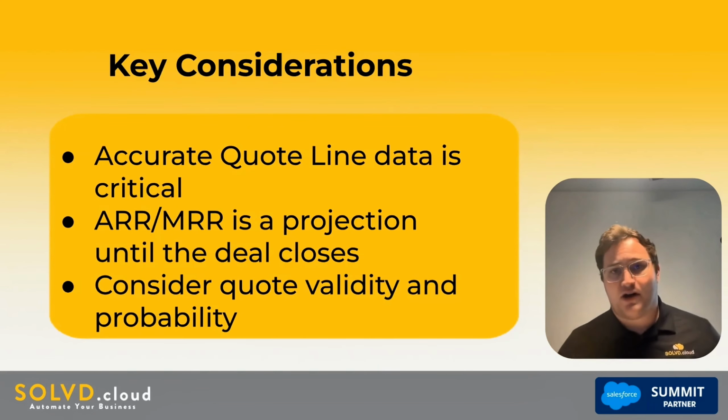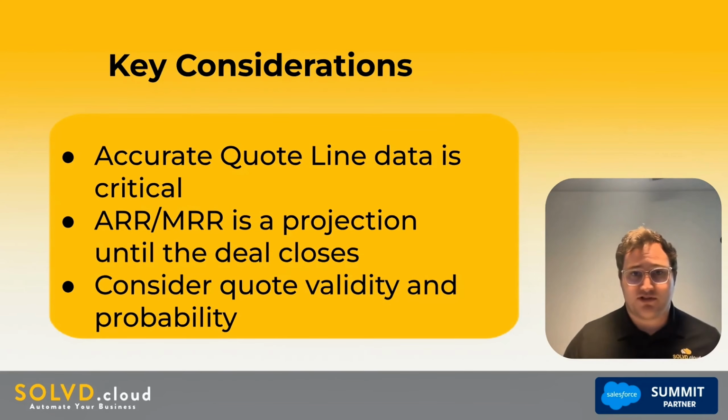Another thing, ARR and MRR derived from quotes are projections until the deal is closed and the revenue is realized. You also need to factor in the quote validity and probability when we use these fields to set up forecasting and predict what our MRR and ARR will be in the future.